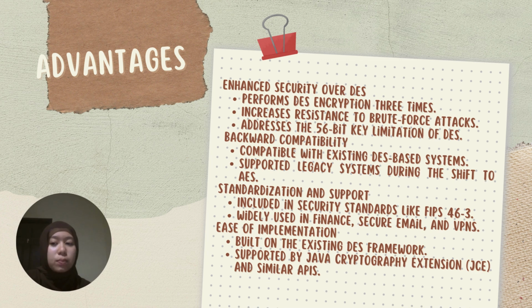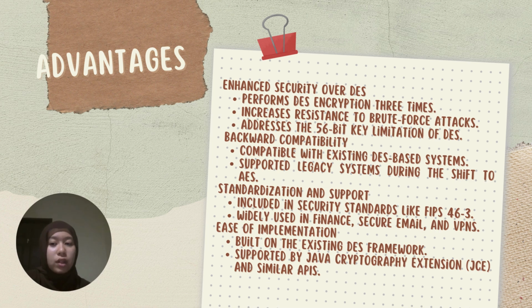Next, Triple DES is backward compatible with systems that were originally built for DES. This made it easier for organizations to upgrade their encryption without replacing their entire legacy systems. It was especially helpful during the transition from DES to AES.